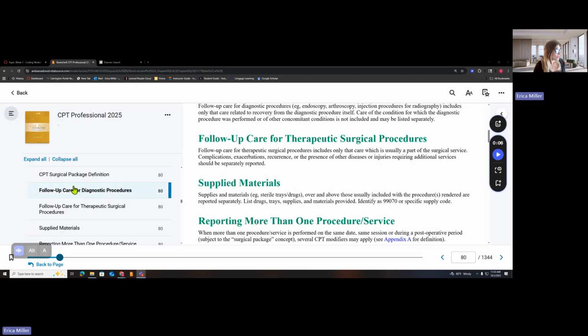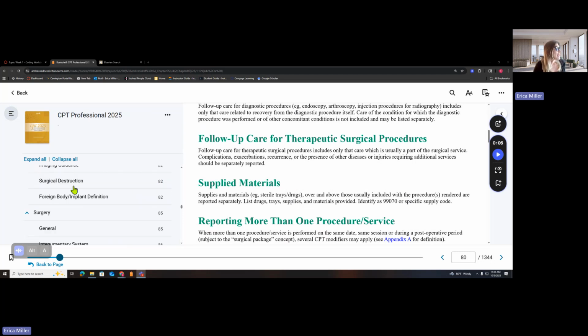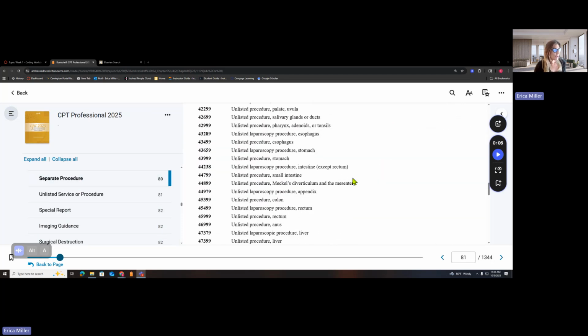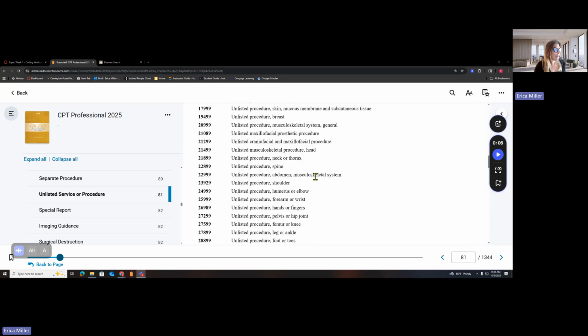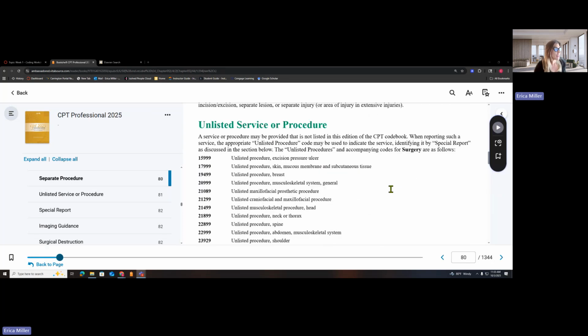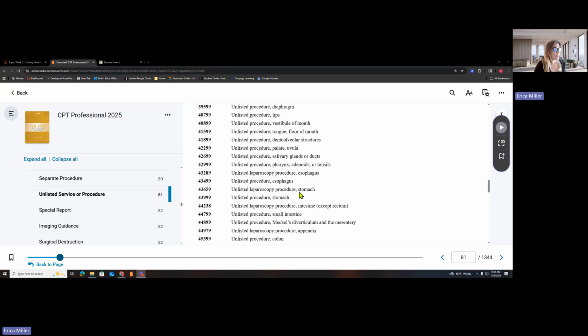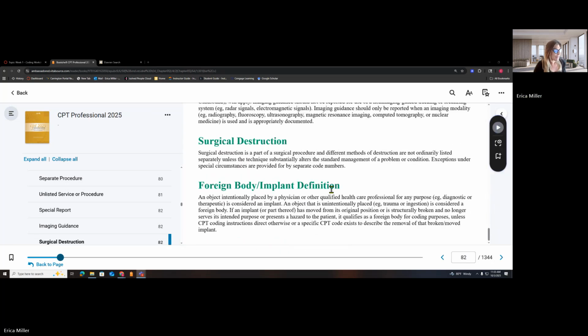Your surgical section is broken down into body systems. So you have a lot of guidelines. Again, just scroll through it. Your guidelines are always going to list all the unlisted services, depending on the body system. But these unlisted services are also included in each section as well.